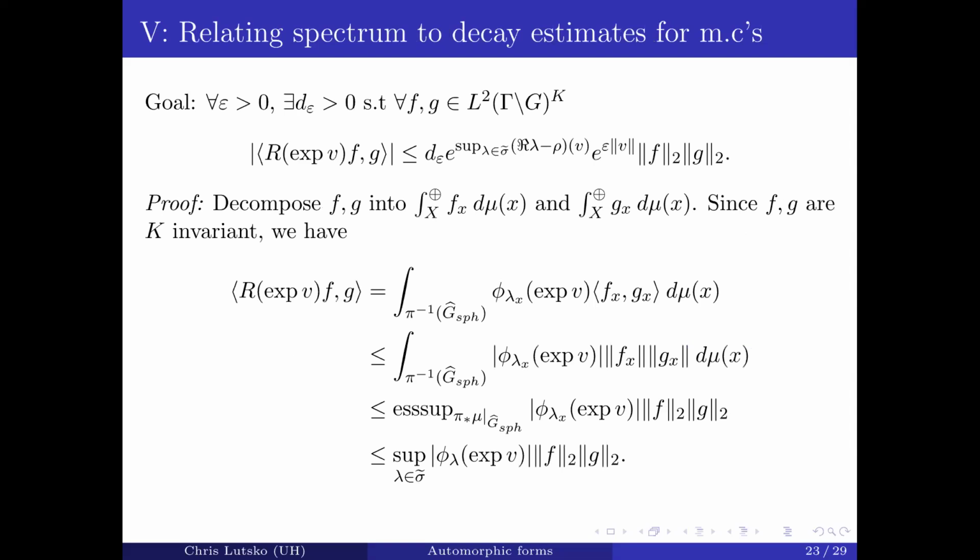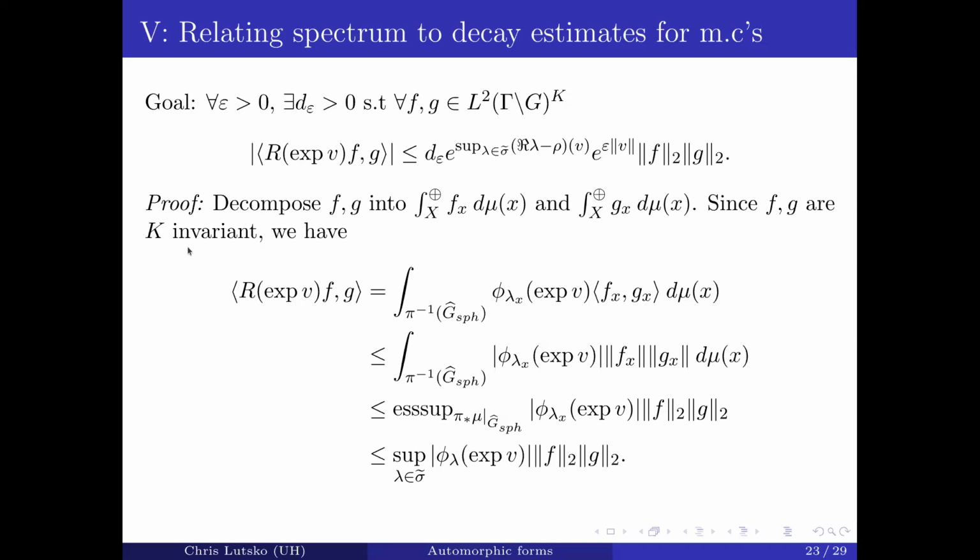How do we get decay of matrix coefficients from the spectrum, as an example? We take F and decompose it into its irreducibles. We take G and decompose it into its irreducibles.